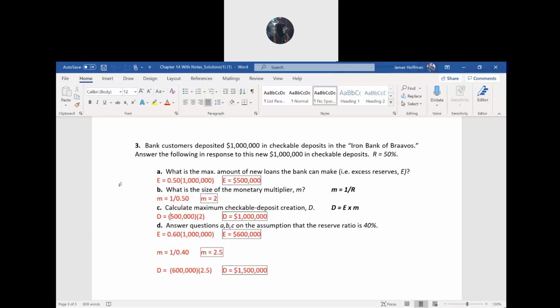Excess reserves of 500,000, the monetary multiplier is 2, and so 2 times 500,000, we can create up to $1 million of new money with this original 500,000. So we can create up to $1 million of new money potential from that initial $500,000.